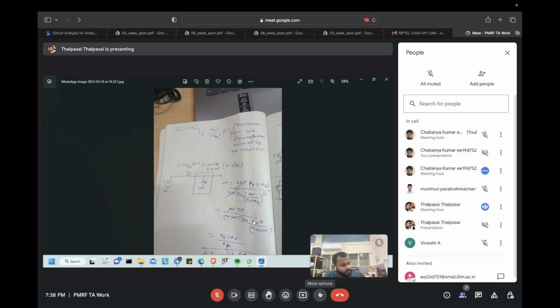You will find it individually, sir. Let's say the sigma square for random variable one is some sigma one square, and the sigma square for random variable two is sigma two square. When you add these random variable one and random variable two, what will be the resultant variance?